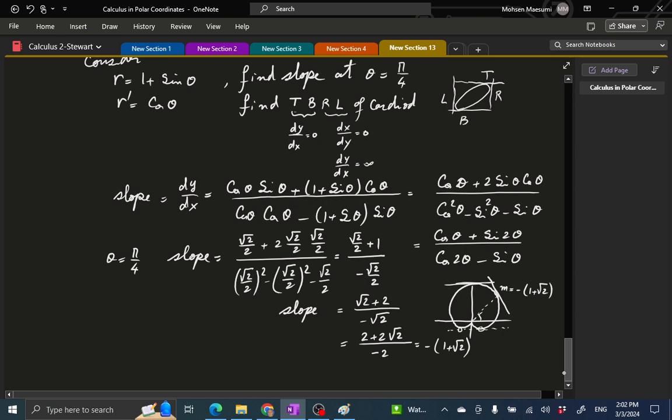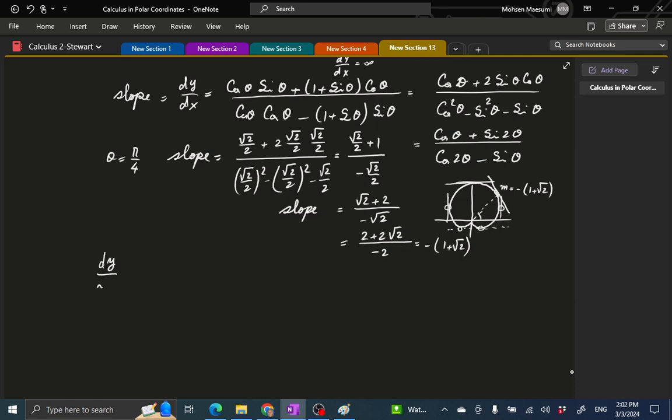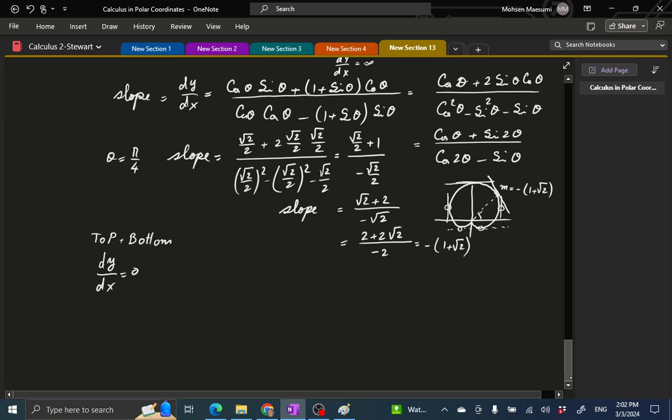We want to catch those, and then we want to catch at what point this tangent becomes vertical. Two of those as well. So suppose I want to find the top and bottom points, and that means dy/dx is 0. So at the top and the bottom, this is what's going to happen.